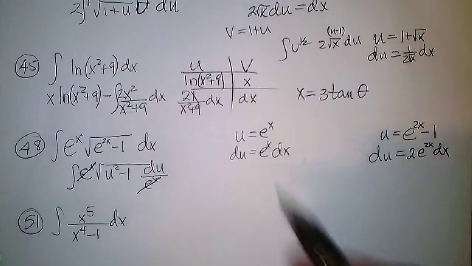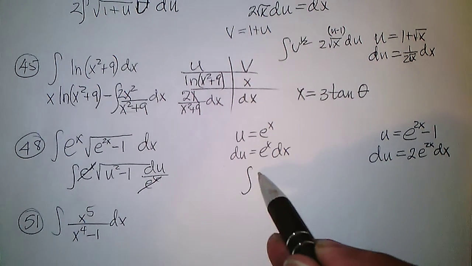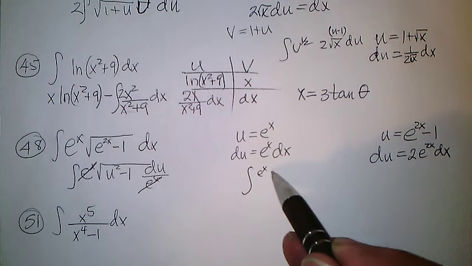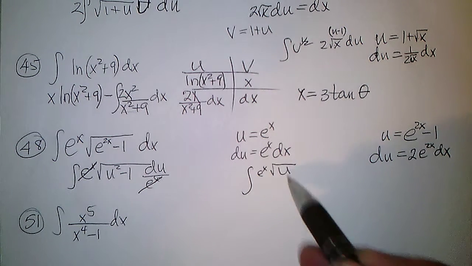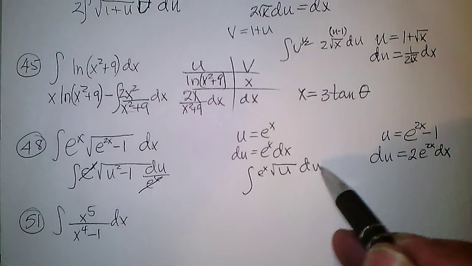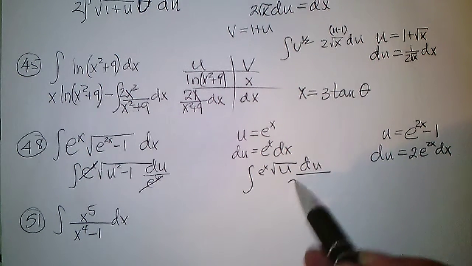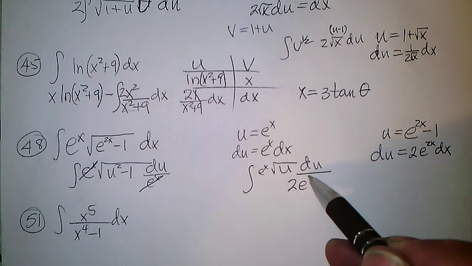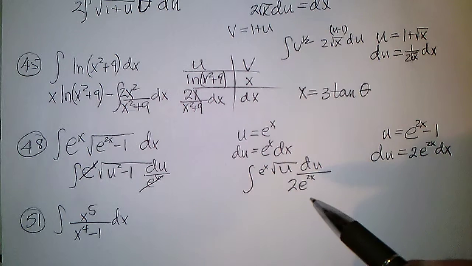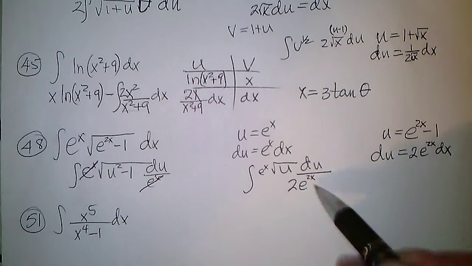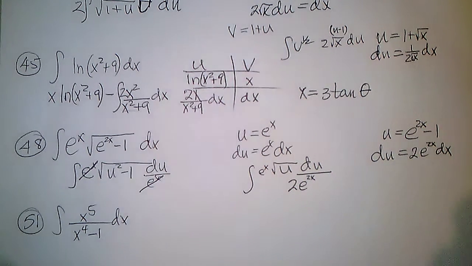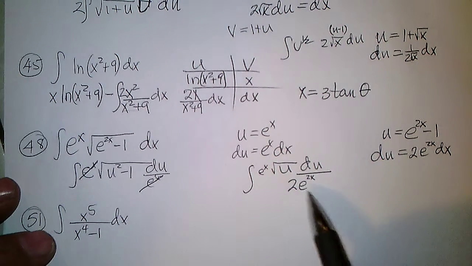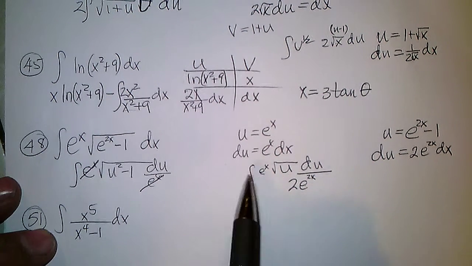And so this original integral would become, I'd have the e to the x, and then I'd have the square root of u, and du would be over 2e to the 2x. Yeah.